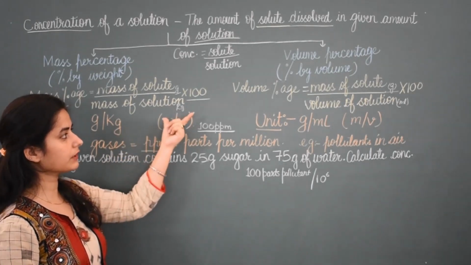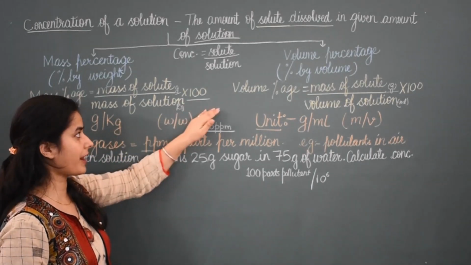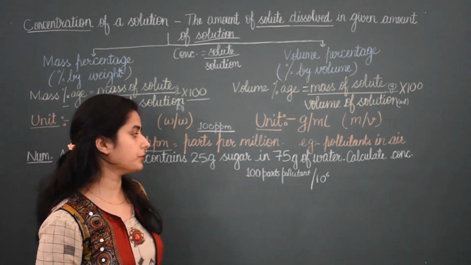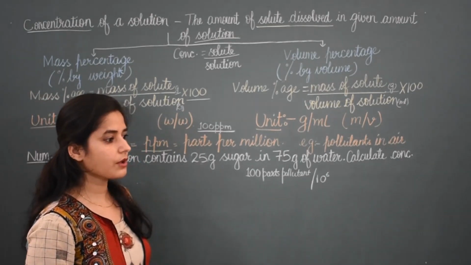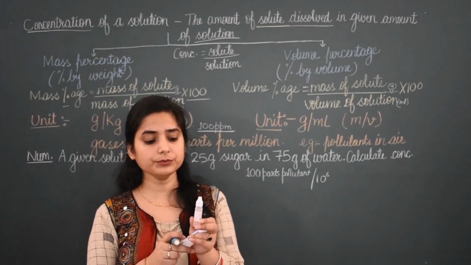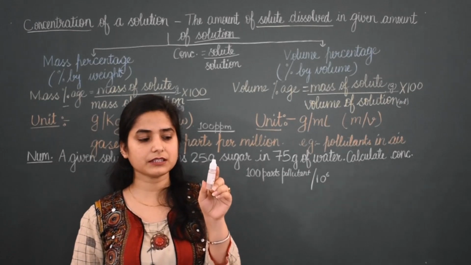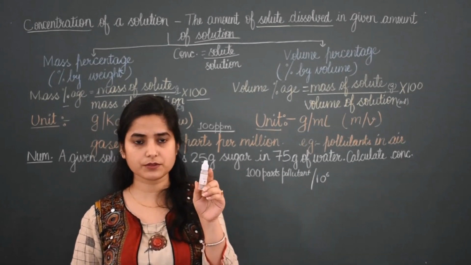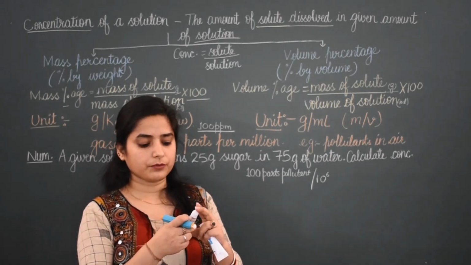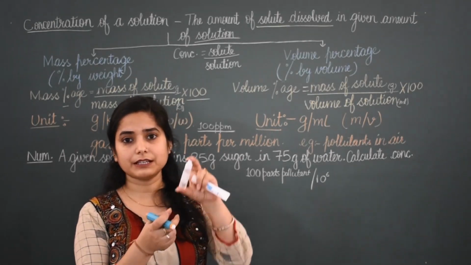So these were the units and formulas to find the concentration. Now it will be more clear to you with some numericals. Before numericals, see, I bring this one for you. You have simply seen ear drops, eye drops, or nasal sprays or drops, and check its contents.